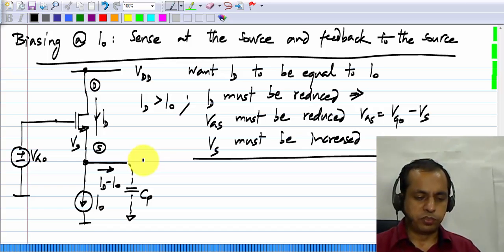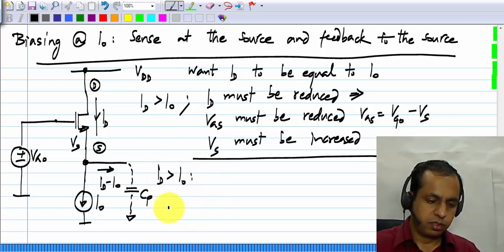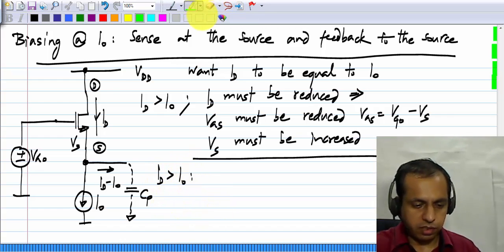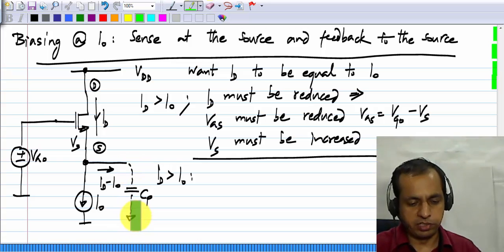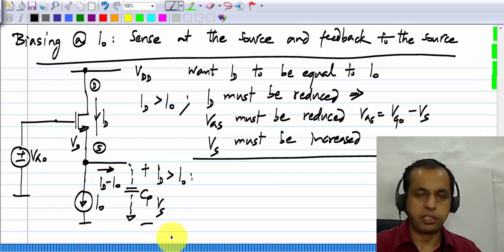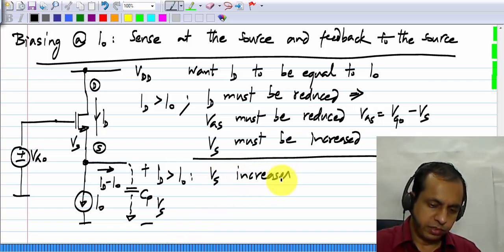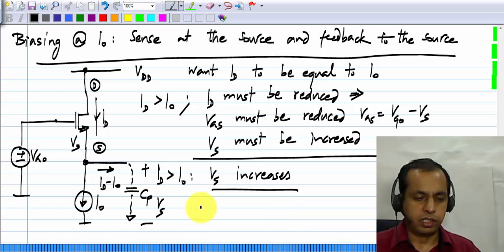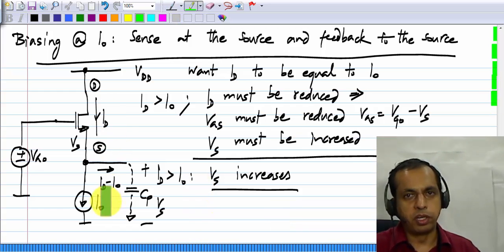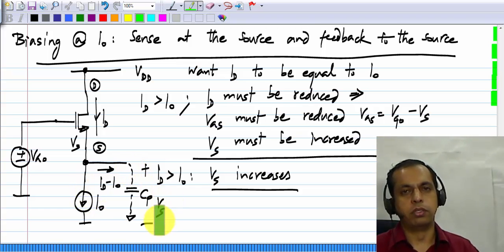Now what happens because of this connection? If ID is more than I0, okay, so that means that a current is being pumped into the capacitor like that. So Vs, which is the voltage across the capacitor in that polarity, Vs increases. Okay, and similarly, if ID is smaller than I0, then a current will be pulled out of the parasitic capacitor and the voltage starts falling down.